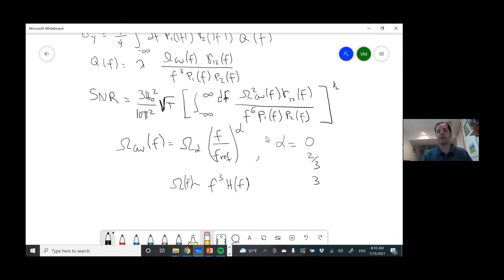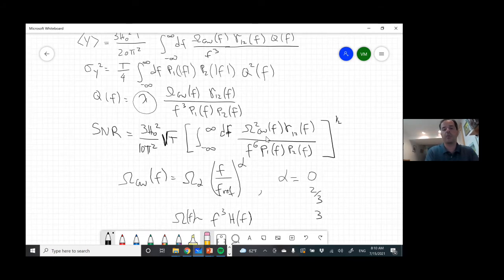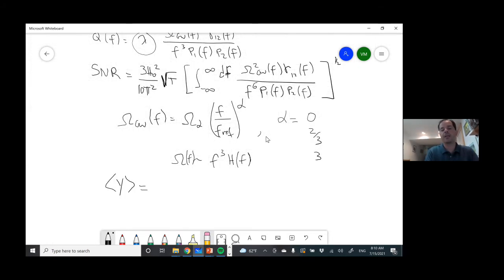We can choose the value of this lambda here so that the expected value of y will be exactly equal to omega alpha, so that the result of the analysis is an estimate of omega alpha. So that's certainly a possibility, and that's one of the results that we typically quote in our papers.